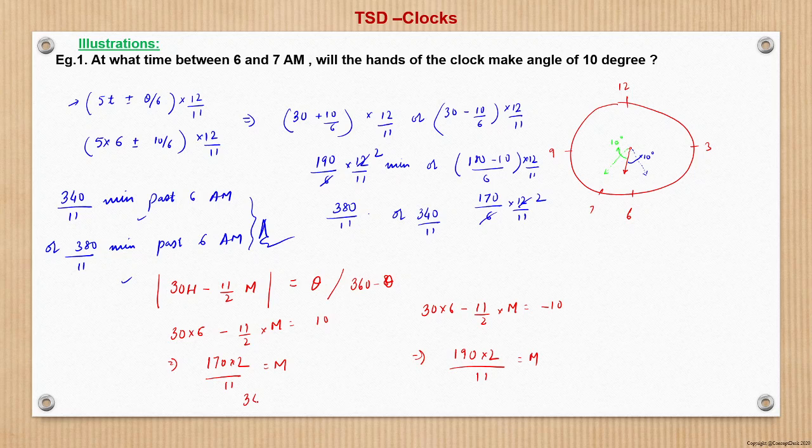So we get the same answer as earlier, 380 by 11 minutes past 6 o'clock, and here also 380 by 11 minutes past 6. So getting the same answer, this was method 2 and this was method 1. Any one we can take, right?